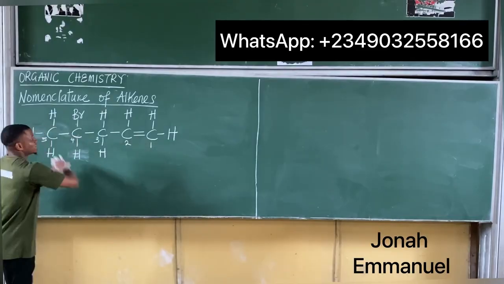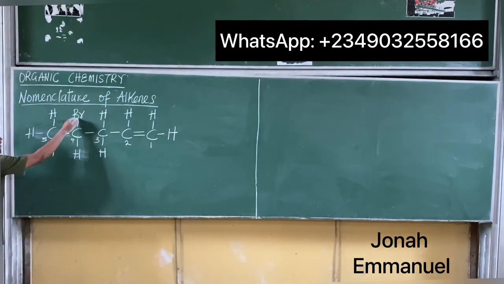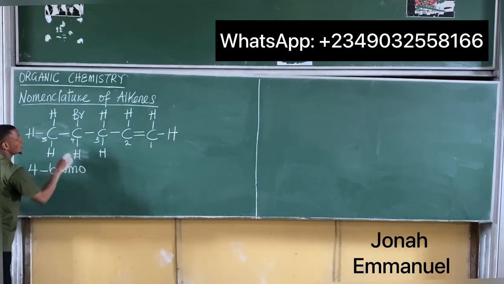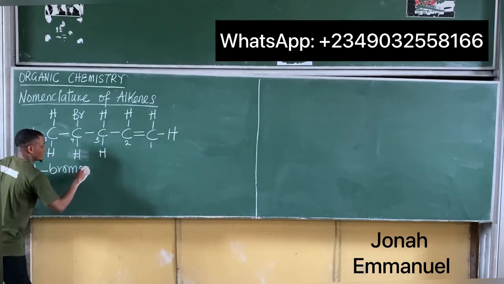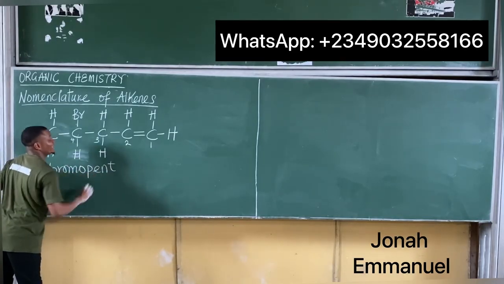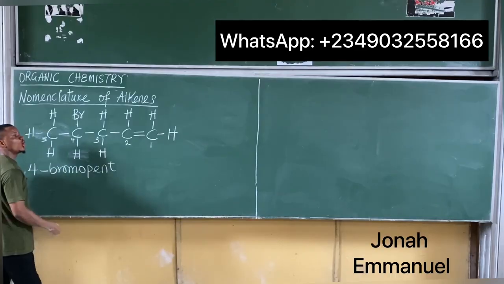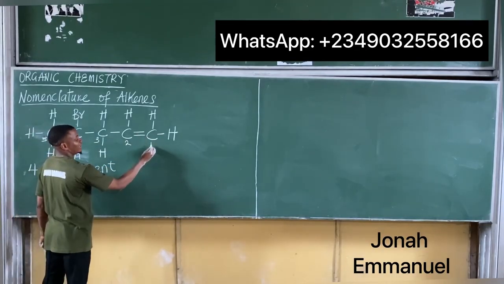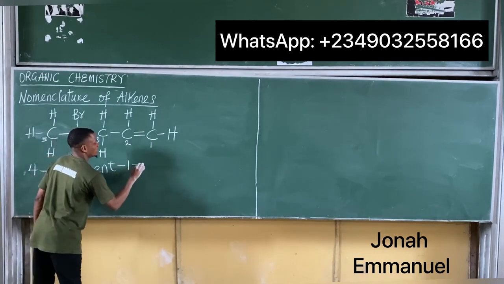In other words, the bromine is on carbon 4. 5 is what? Pent. I said show the position of the double bond using numbers. This one is attached to carbon what there? 1.